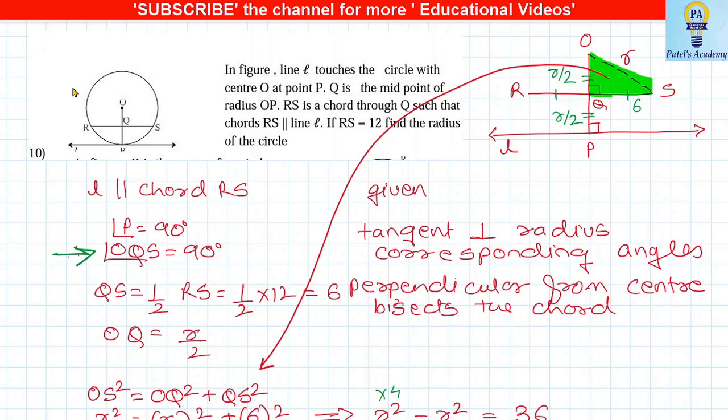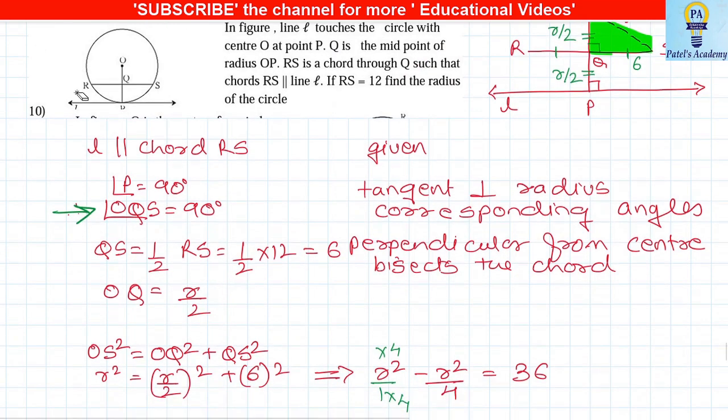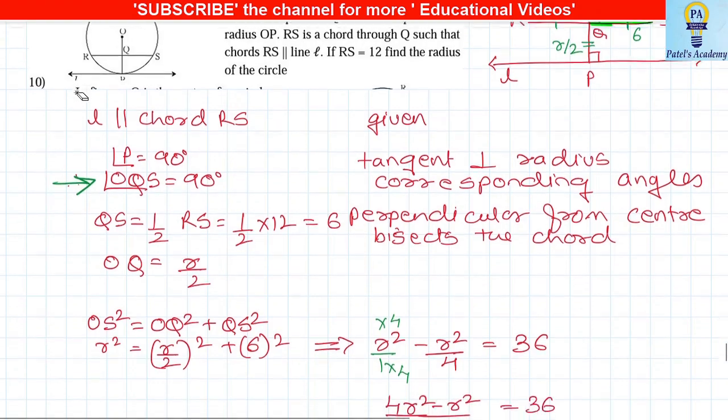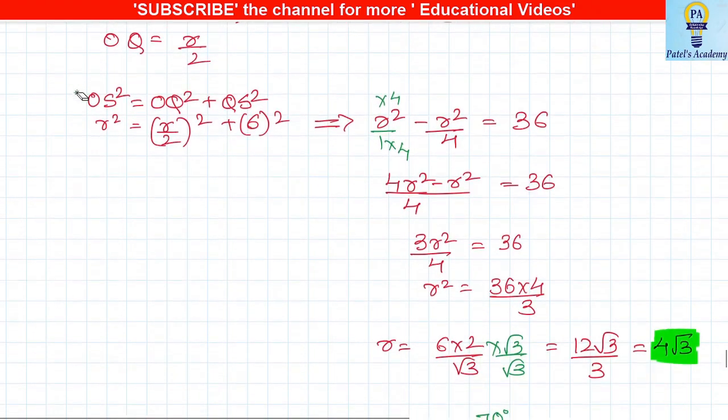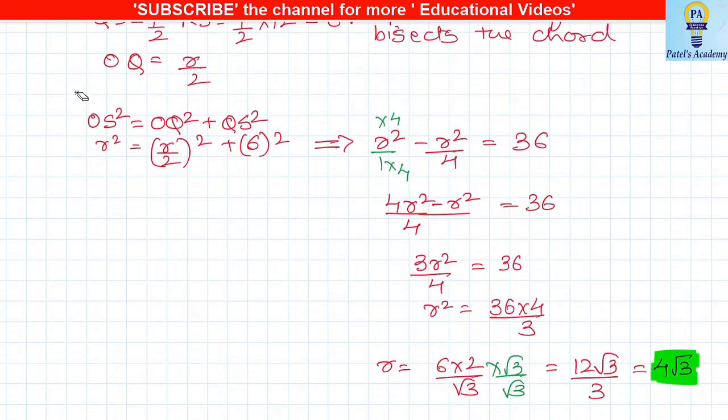Okay, so now I'll take the screen down. Now I'm going to substitute all the values from the figure. Okay, now after I substitute all the values from the figure, this is what I get. Okay, now OS is R. I'll just show you the steps. R square equals to R upon 2 square plus 6 square.